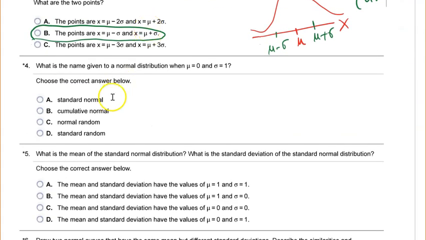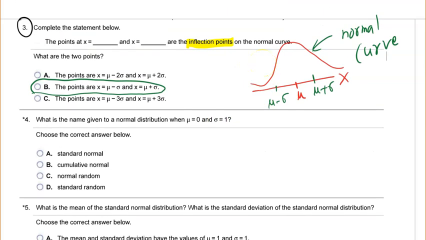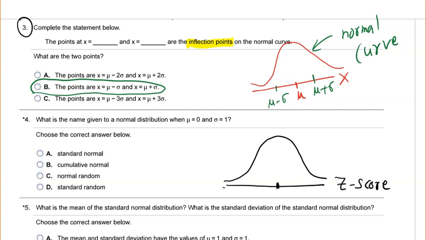All right, now question number 4. What is the name given to the normal distribution when mu equals 0 and sigma equals 1? There is another curve called the standard normal curve. If you have the line here represent the z-score, the curve is similar to the normal density curve, but the mean here is 0.